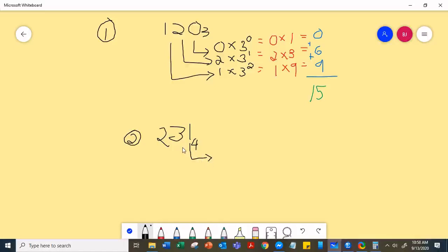Again, we use the same lines here to make the numbers from horizontal to vertical. Write those digits downwards: 1, 3, 2. We multiply them with base 4 with incrementing exponents. So 4 exponent 0, 4 exponent 1, and then finally 4 squared.